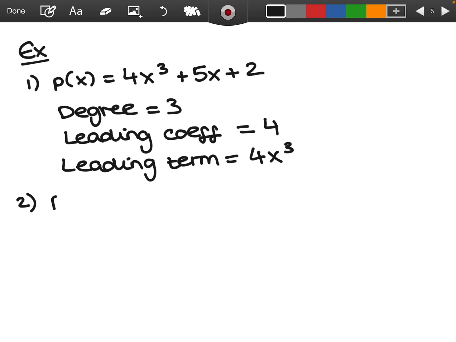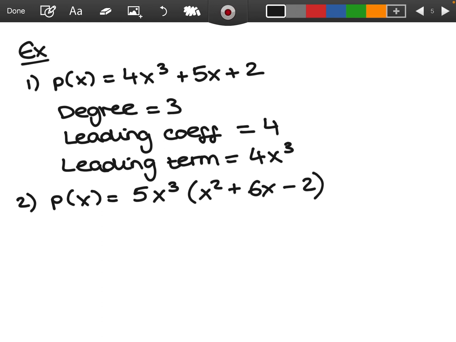A slightly more difficult example that I want to look at is something of this form. Something that looks like this. I do not want you to multiply all of this out and find out what it is. There is actually a simpler way of doing this.